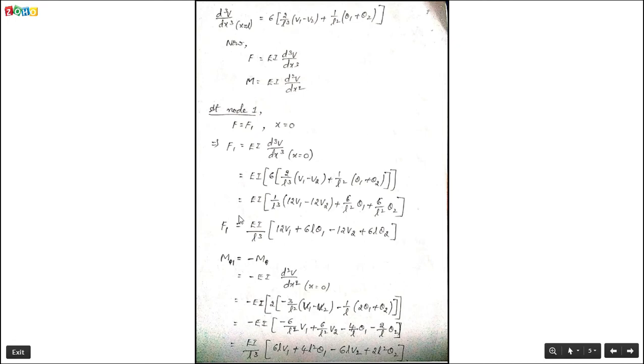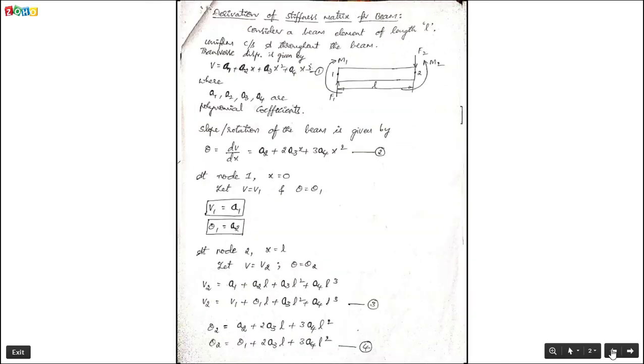Now, moment. At node 1, I am considering the moment as negative, because clockwise I am considering as negative, and anticlockwise as positive. Here upward is positive, downward is negative. So M1 equals minus M, that is minus EI into d square v by dx square at x equal to 0, node 1.